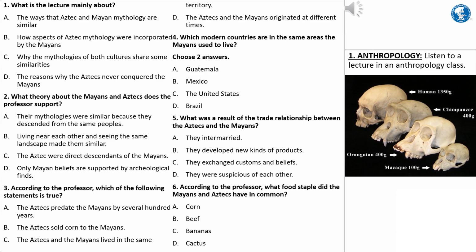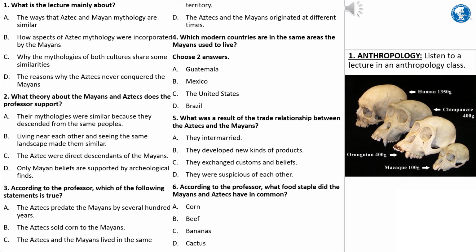But why do you all think this is? Why are there so many similarities in the mythologies between two cultures that were so distinct? One of the first theories about why Mayan and Aztec mythology are so similar is that they must have descended from the same group of people. That is, anthropologists believe that since they share all this mythology, they must have once been part of the same tribe that just diverged, split up at different points.